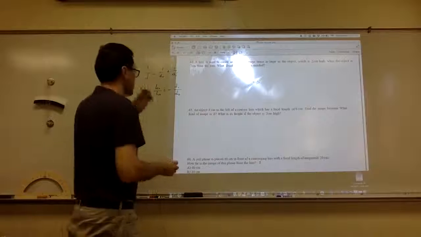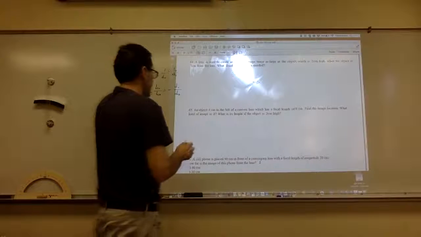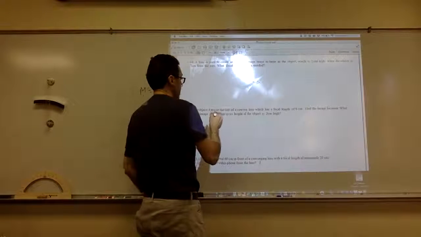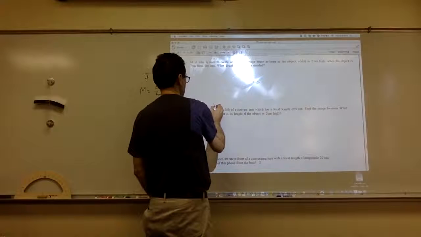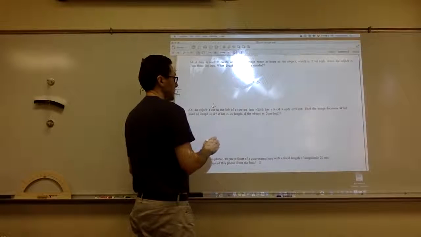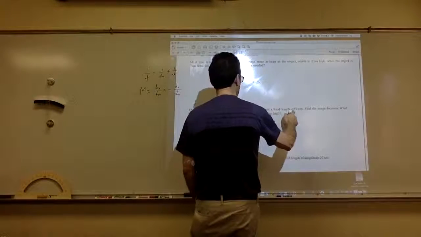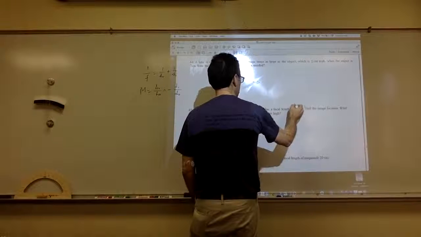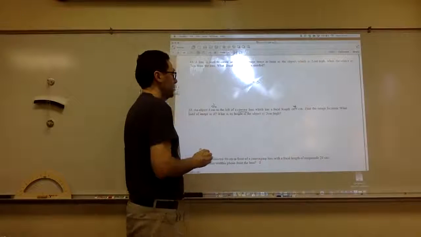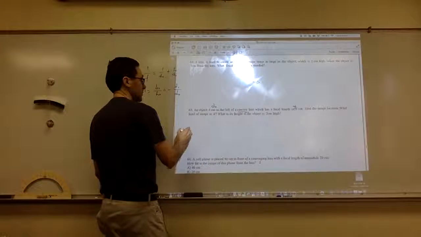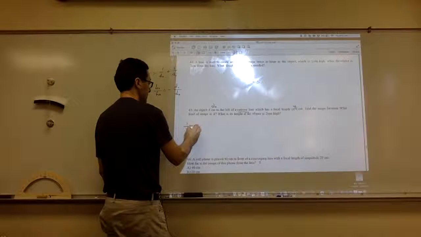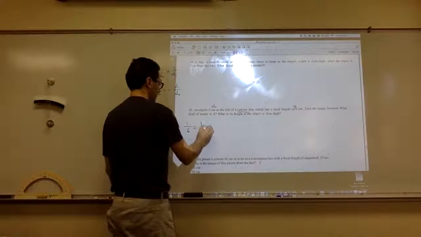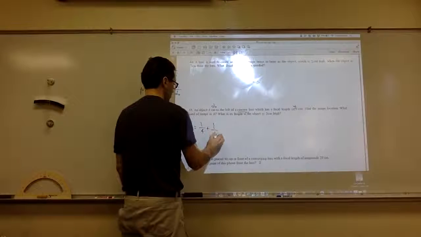All right. An object, 65. An object 4 centimeters to the left of a convex lens. So this is do, which has a focal length of 6 centimeters. So that's a positive because it's a convex lens. Find the image location. So this is going to be 1 over 6 is equal to 1 over 4 plus 1 over di.